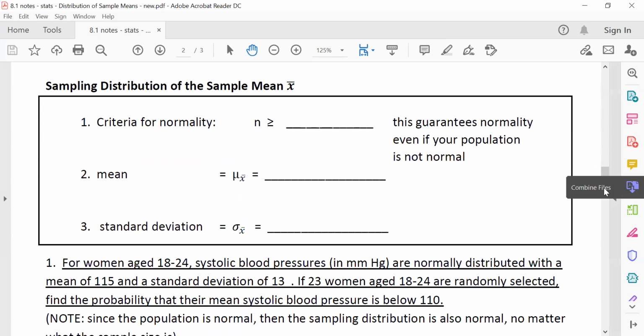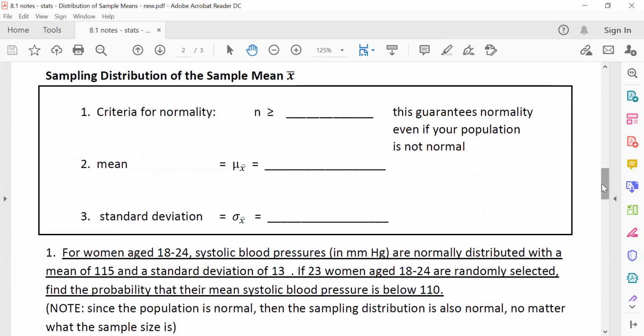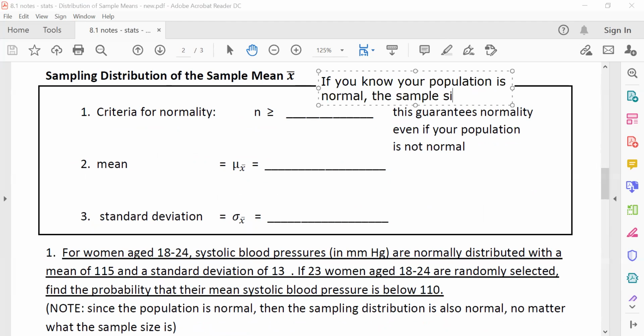So let's say you are sampling from a population. If you know your population is normal, the sample size is irrelevant. Yeah, that's how you spell it.